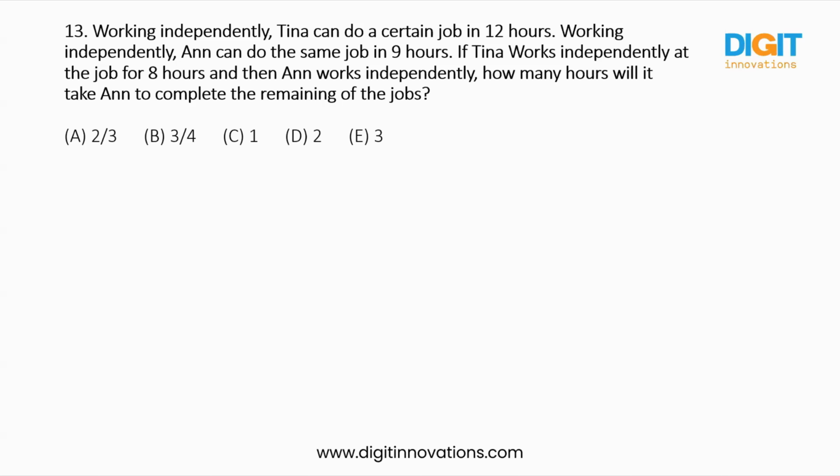They are asking how much time will Anna, the other girl, take if she works independently to complete the remaining work. For example, in these 8 hours, let us take Tina completed 60% work. They are asking how much time it takes Anna to complete the remaining 40%.